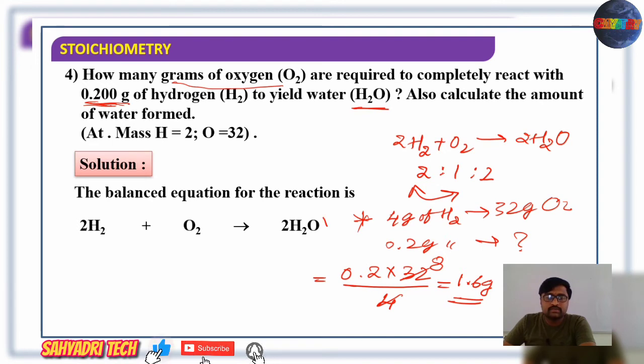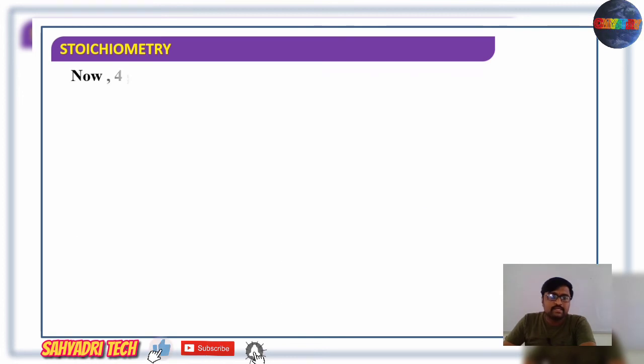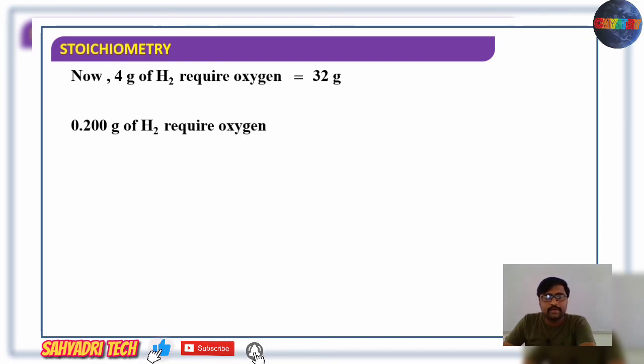If we consider the solution, formation of water: 2H2 plus O2 gives rise to 2H2O. So the mole ratio, as I said, is 2:1:2. 2 moles of hydrogen means 4 gram, 1 mole of O2 means 32 gram, 2 moles of water means 36 gram. So what is the relation we said? 4 gram of hydrogen requires 32 gram of oxygen. 0.2 gram of hydrogen requires how much oxygen?